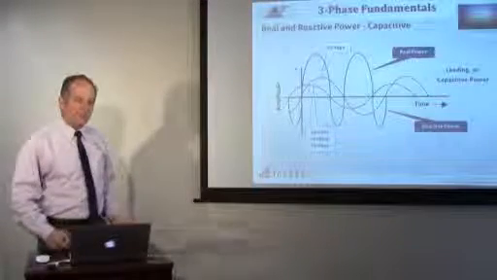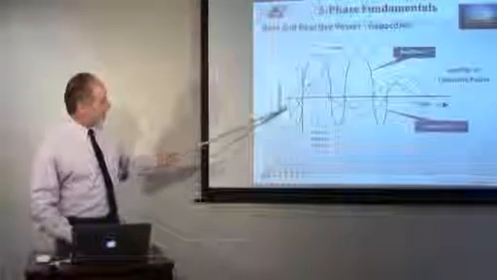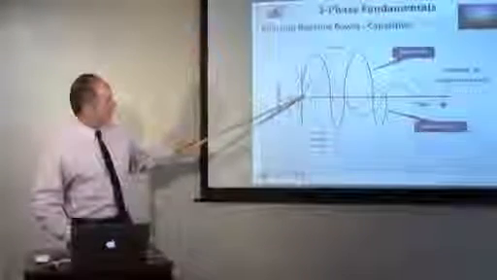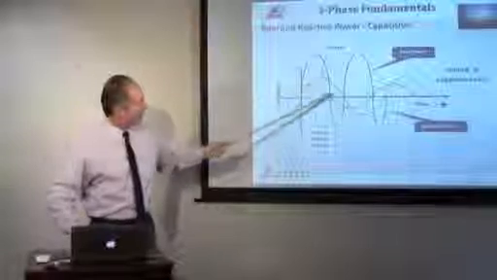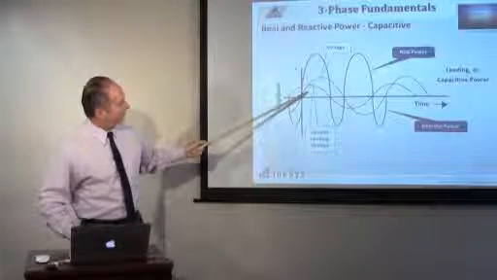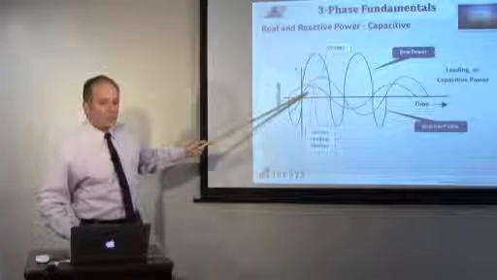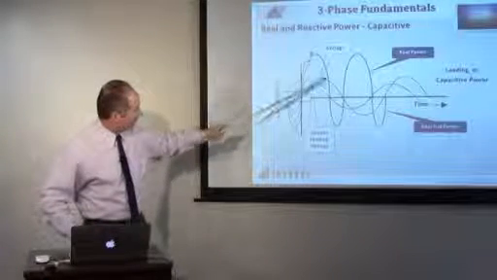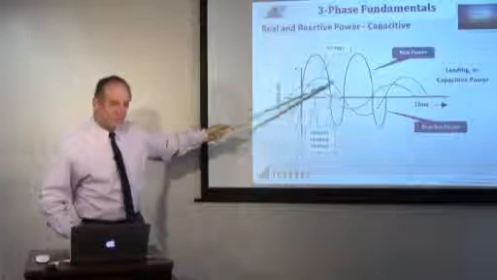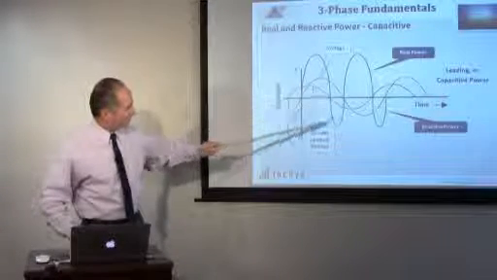In a capacitive circuit, the current is leading the voltage. So here's the voltage, and here's the current. But now where the voltage becomes positive, the current is positive, so a positive times a positive is a positive. And here we have current negative, voltage positive, and negative times a positive is negative.